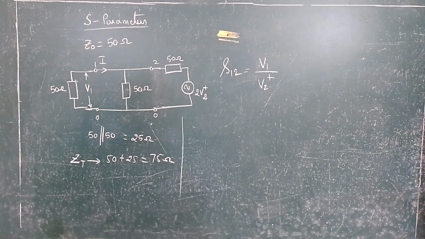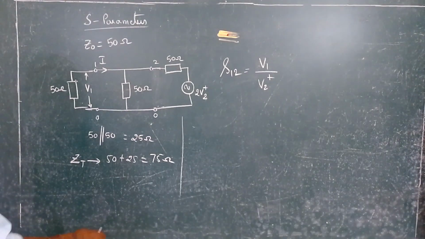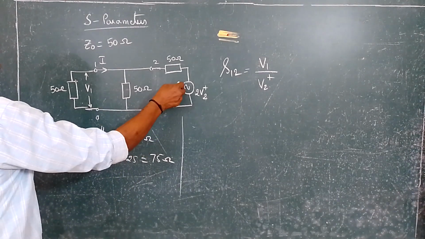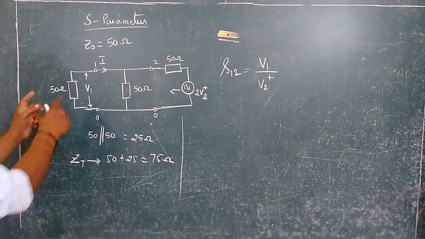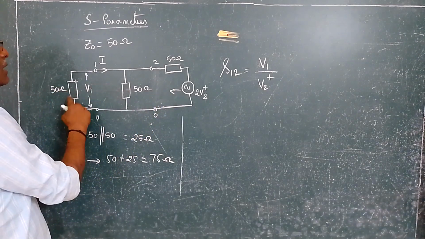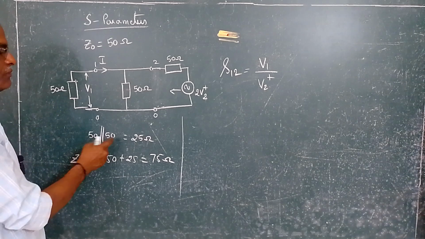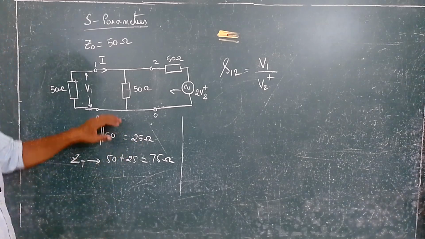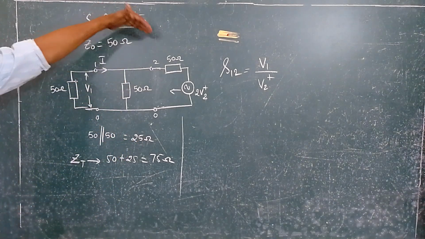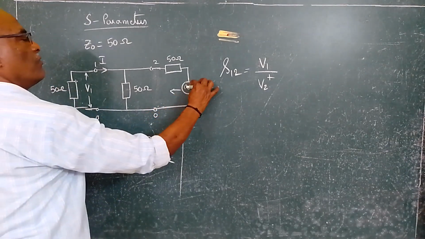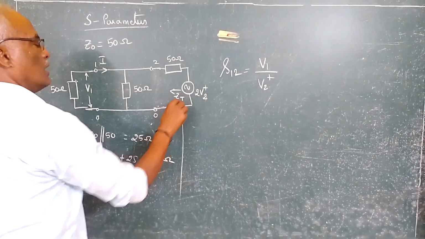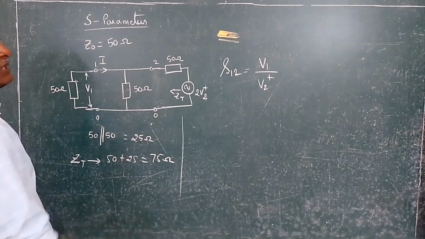So first we have to view the impedance from the source here. Now if you see here, these two resistances are in parallel. So 50 parallel with 50 will give you 25. This 25 ohms is in series with 50. So totally from the source, the total impedance will be 50 plus 25, which is 75.